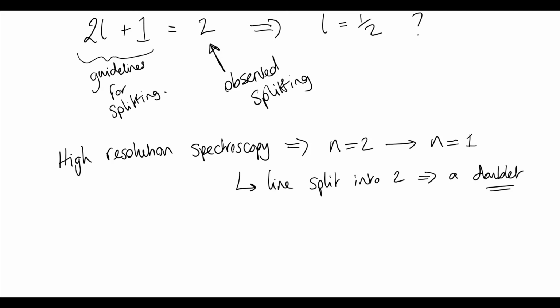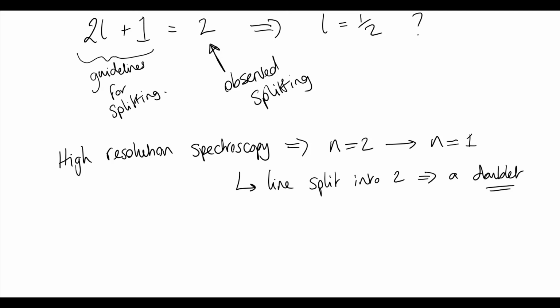Nobody knew really what was going on until in 1925, Pauli postulated that an electron could exist in two distinct states. And he did so in an ad hoc way, that means really just because it was needed, so he introduced a fourth quantum number.